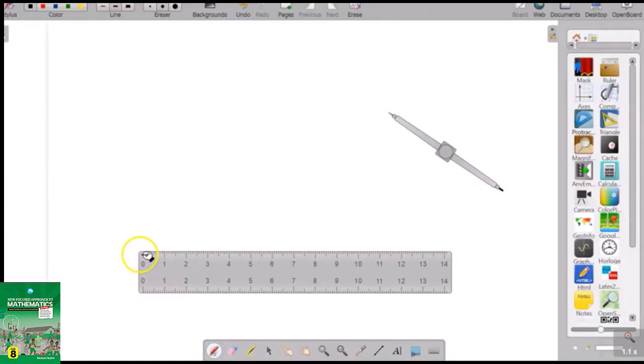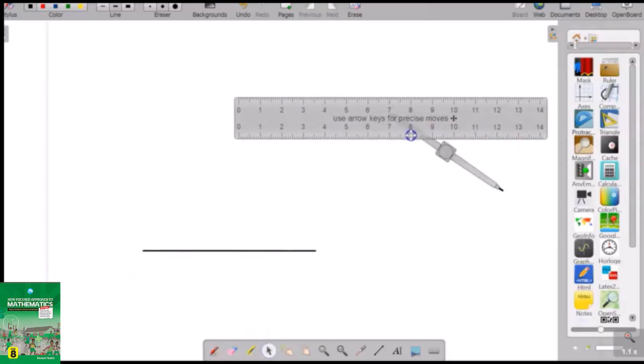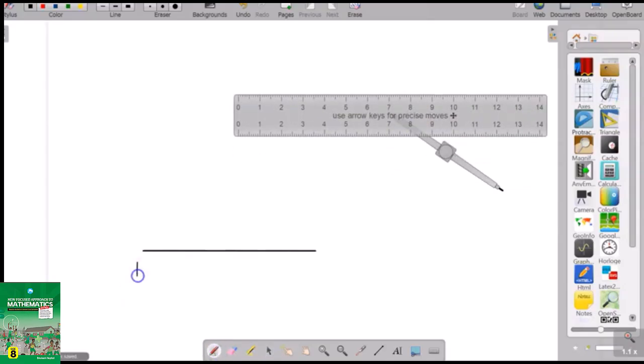All right, so first of all, let's draw the line MN, which is 8 centimeters. So I'm going to label M and N. And according to the question, our NR is 7 centimeters.